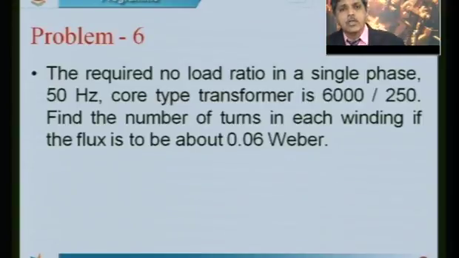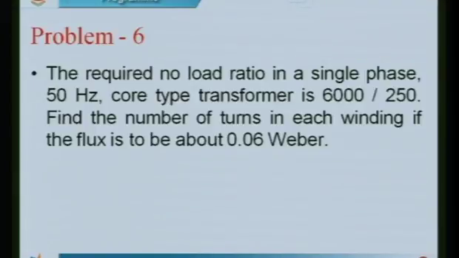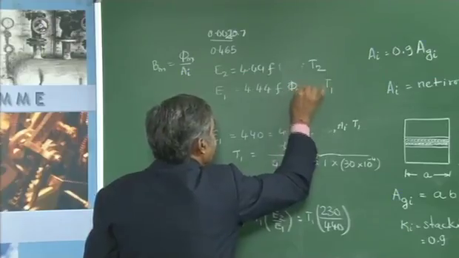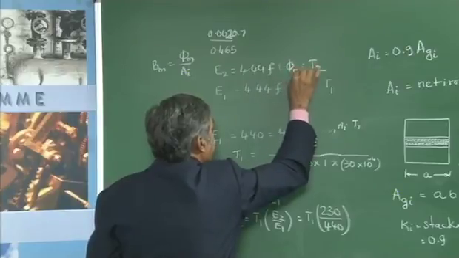So 6000 volts is the primary voltage, 250 is the secondary voltage. So I make use of these equations again. So instead of writing this Bm into Ai, I can write down the value of phi m here and phi m here.